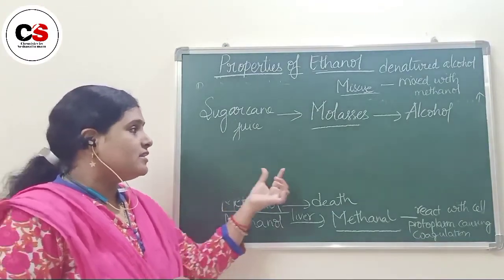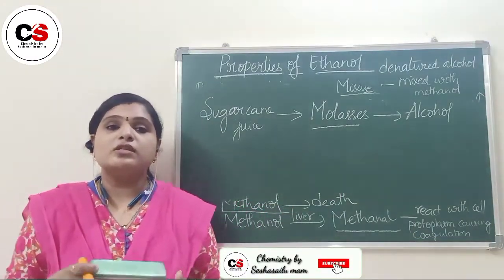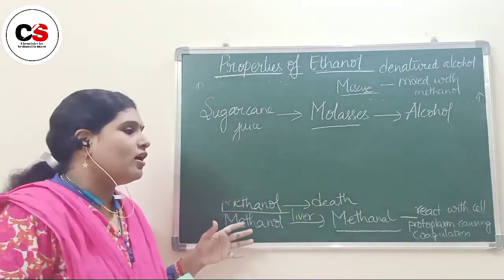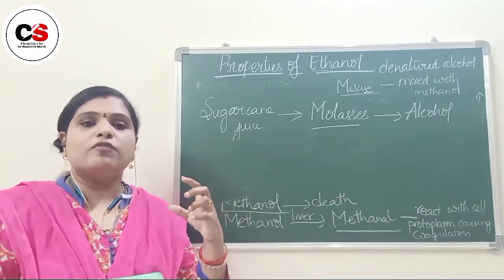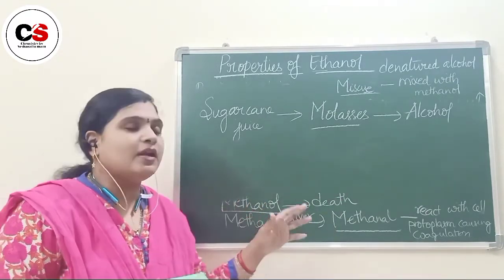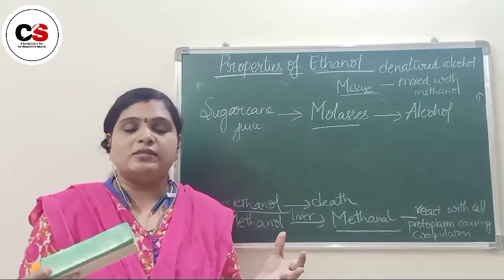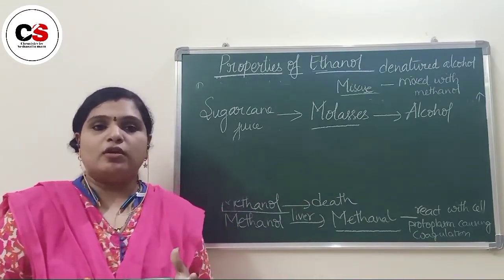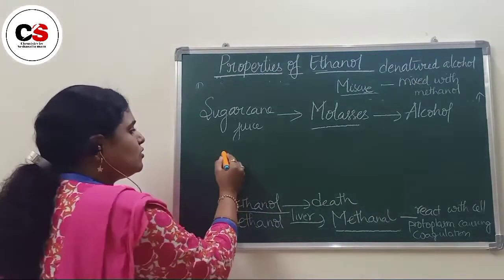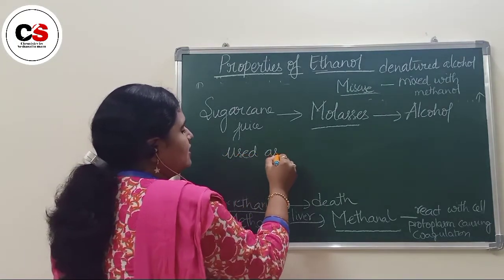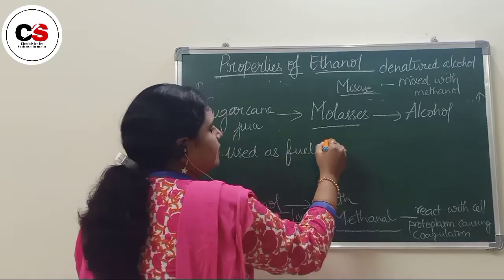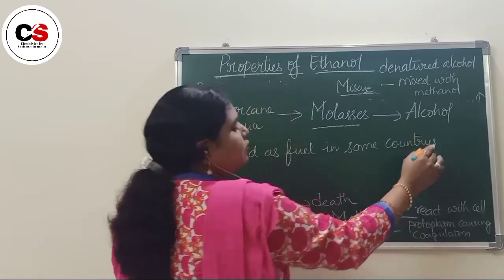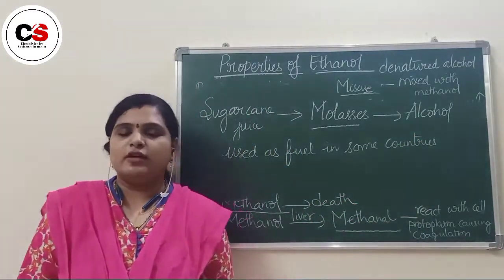And this ethyl alcohol is also used as fuel in some countries, because if the availability of oxygen is sufficient, ethyl alcohol will undergo complete combustion without producing any pollutants. So alcohol is mixed along with petrol to use it as a fuel. It is also used as fuel in some countries, because it won't cause much pollution if a sufficient amount of oxygen is available.